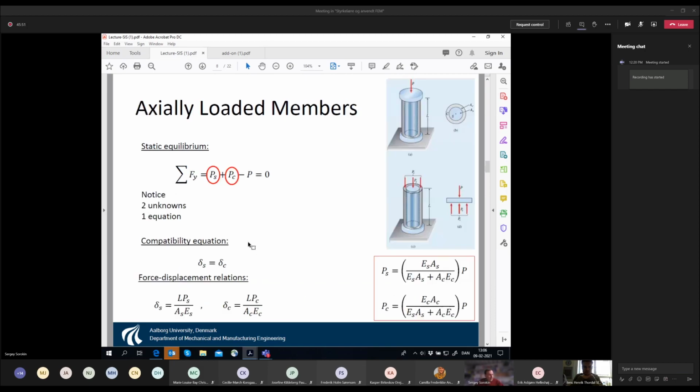This is the compatibility condition. And then Hooke's law: here we have the same length, different forces and different stiffnesses. You just plug these displacements into the compatibility condition, find the relation between these forces, and then plug it into the equilibrium equation, and you end up with this answer. So the forces are distributed in accordance with the stiffnesses, like this.